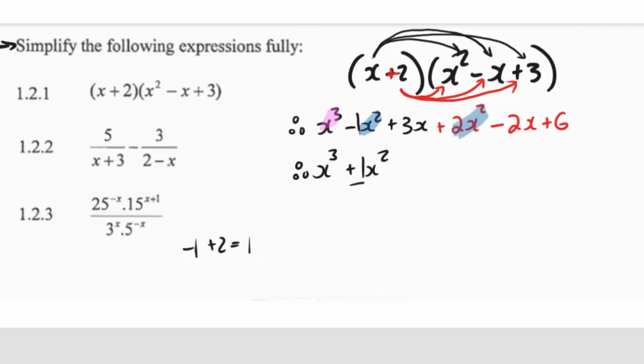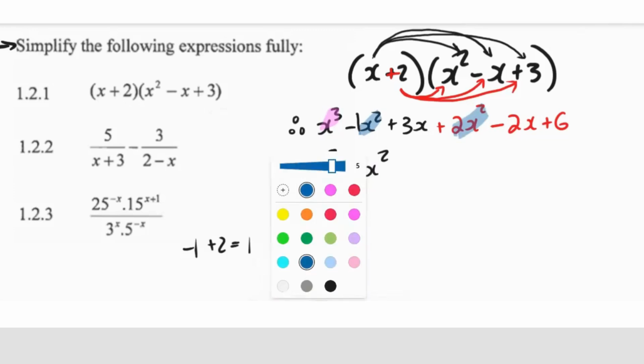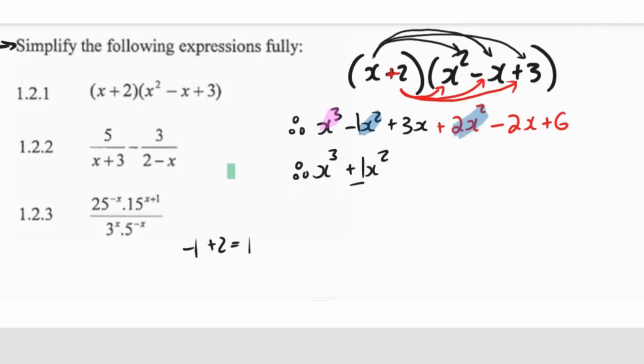And then we'll look for another like term. In this case, let's use green. So we have 3x there, 3x minus 2x. So again, in this case, positive 3 minus 2 is going to give us positive 1, right? We're going to have plus positive 1x.